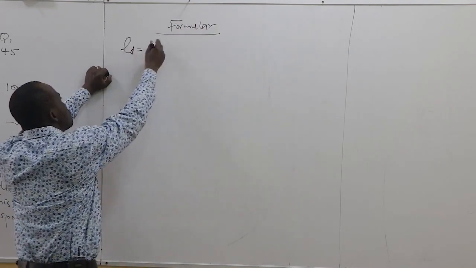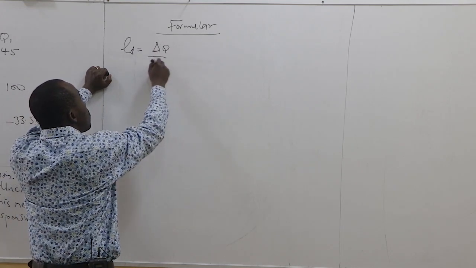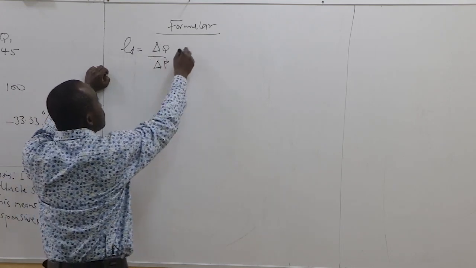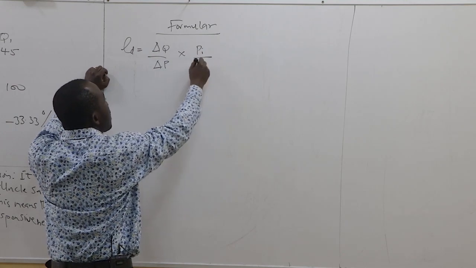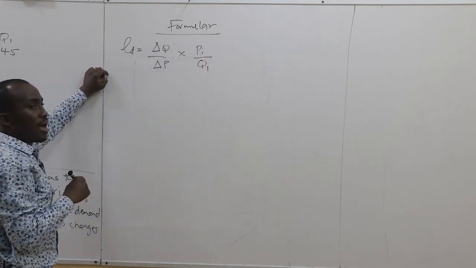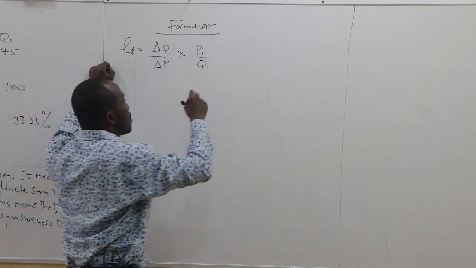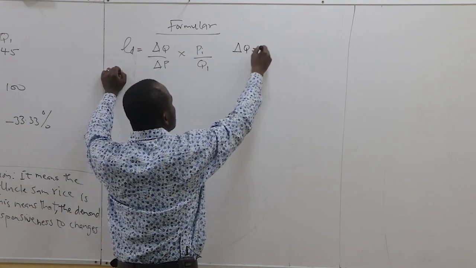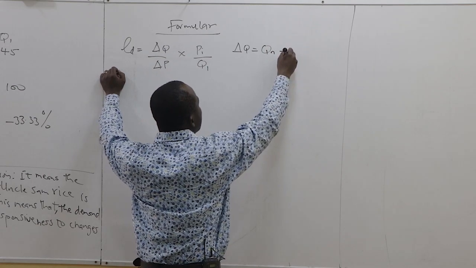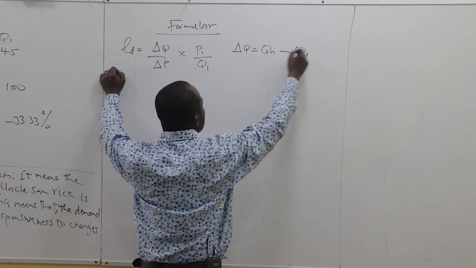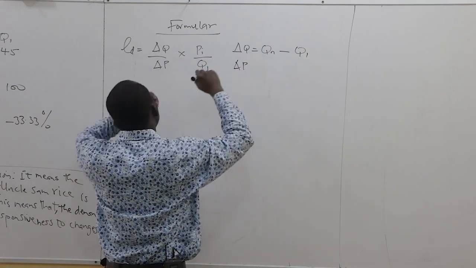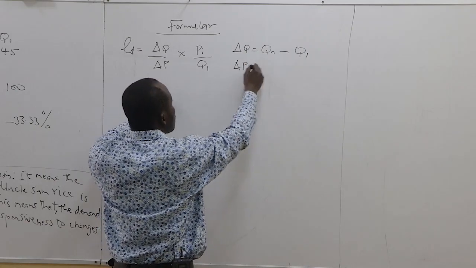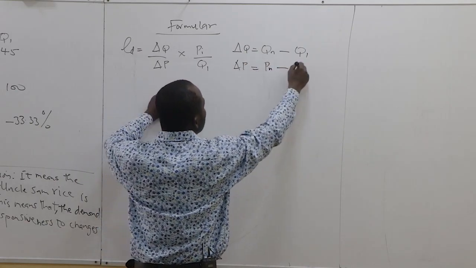Price elasticity of demand is equal to change in quantity over change in price, times initial price over initial quantity, right? And the change in quantity is equal to the new quantity minus the initial quantity. The change in price is equal to the new price minus the initial price.